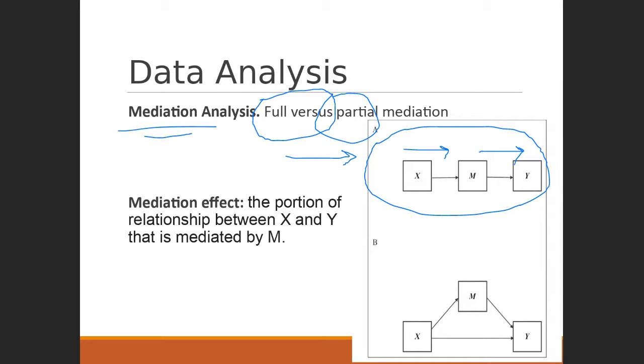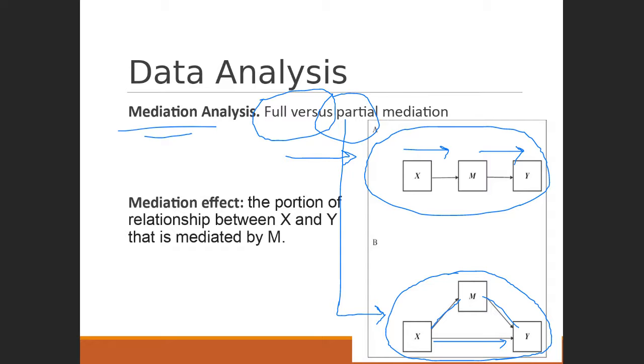In partial mediation, we assume that the independent variable has a direct impact on the DV as well. So not only is there an indirect impact through the mediator, but there is a direct effect on the DV as well. So this is partial mediation. Usually, partial mediation is used more as compared to full mediation.